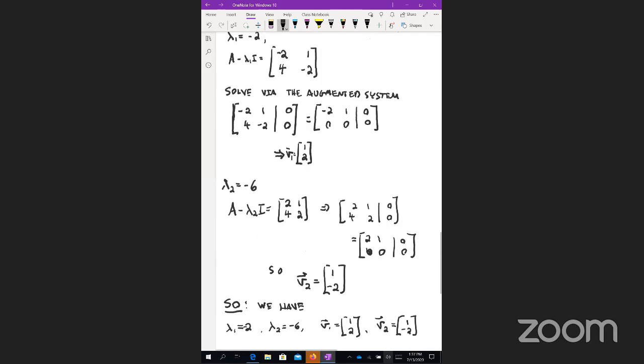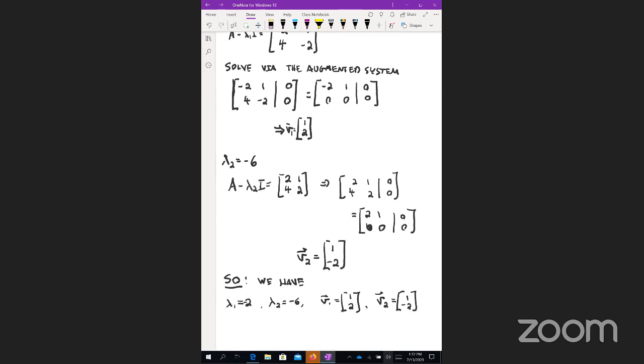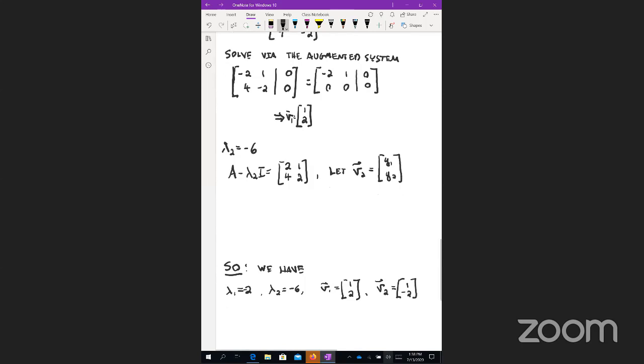Yeah. So let me just do it once out in its full glory, because I'm kind of in some sense skipping the most important step. So let v2 equal, call it y1, y2. So then basically what we have here, right?